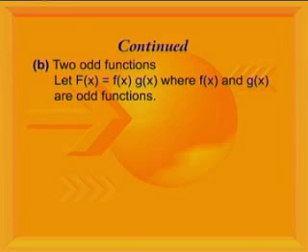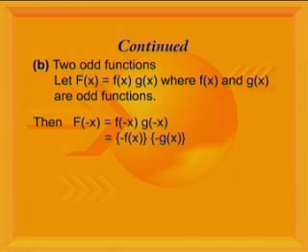Now taking the product of two odd functions, let capital F(x) be equal to small f(x) into g(x), where both f(x) and g(x) are odd functions, and if we replace x by minus x, so capital F of minus x is equal to small f of minus x into g of minus x.